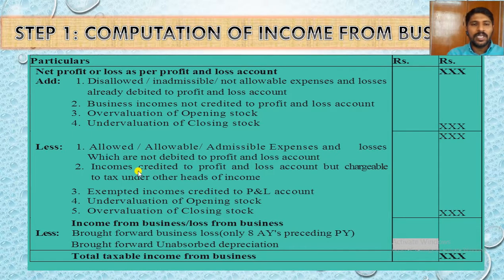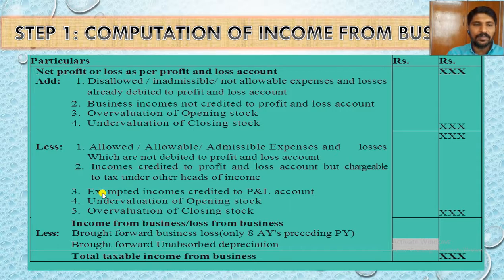Second, incomes credited to profit and loss account but chargeable to tax under other heads of income. That means those incomes which are taxable under other heads of income but credited to profit and loss account of the company, such income is to be deducted.